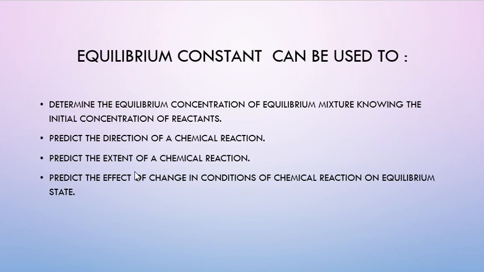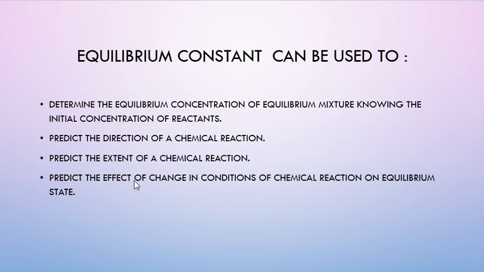and for how much time this equilibrium will stay. Will this reaction at equilibrium persist or not, and how much concentration of the required amount of products is produced. We can predict the effect of change in the conditions of a chemical reaction. What can these conditions be? These conditions can be change in concentration, change in pressure, temperature, or concentration of reactants or products.